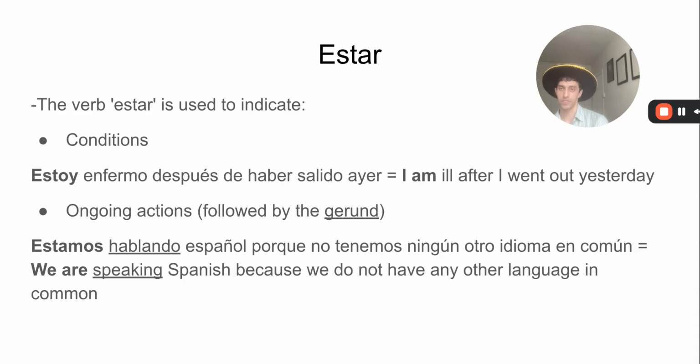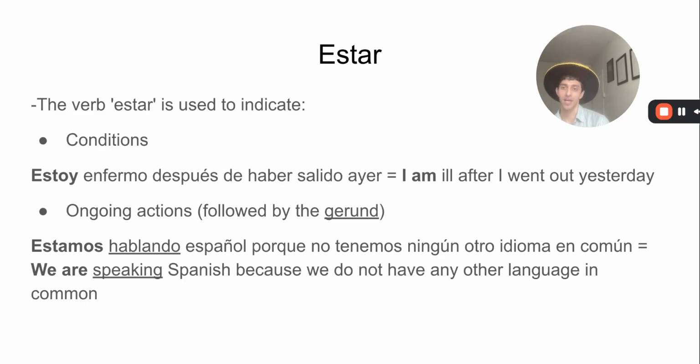So to give you an example of estar being used for a continuous or progressive tense, you could say, "estamos hablando español porque no tenemos ningún otro idioma en común," which means we are speaking Spanish because we do not have any other language in common.